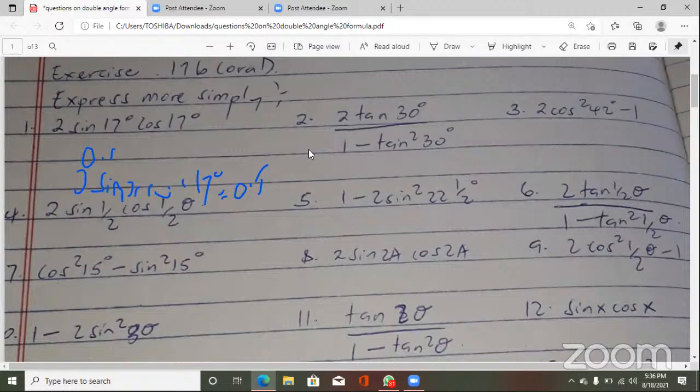It would have been sine 2 times 22, sine 45. Not sine, it is cos. Yes, cos 45. Okay, I think now we have mastered the way of doing them.